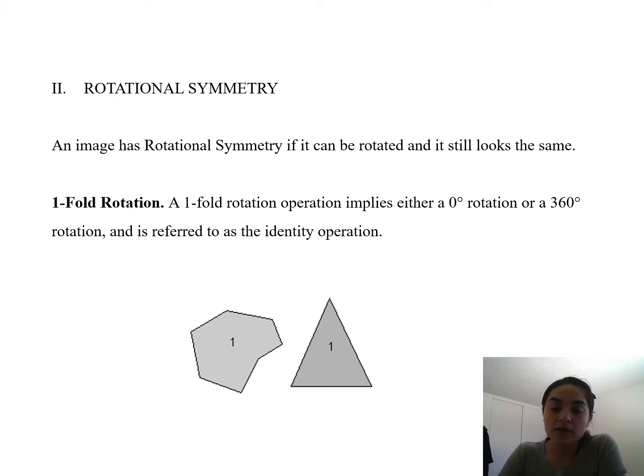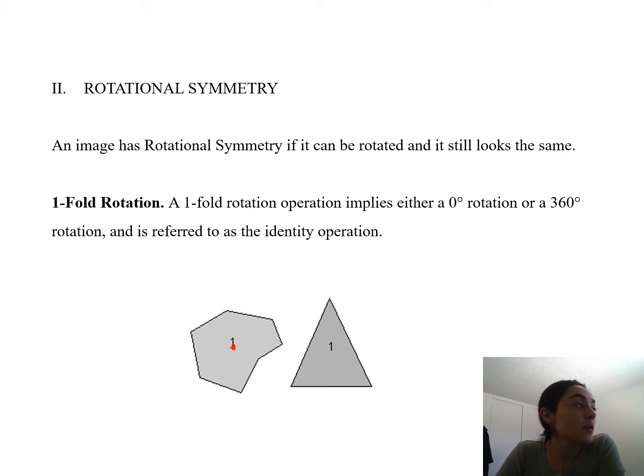Again, if you consider what we think of as symmetry, which is having the exact same image, if we were to rotate this image along its center of rotation, or its center axis here, in order to get the exact same image, we would have to rotate it 360 degrees or not rotate it at all.